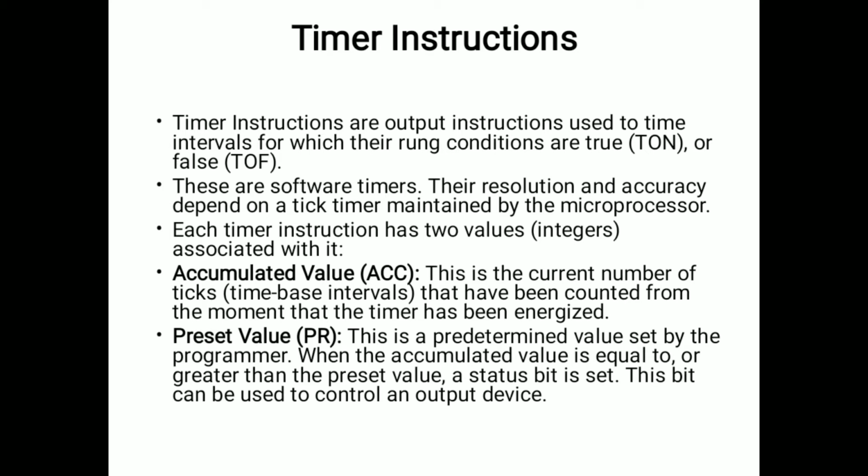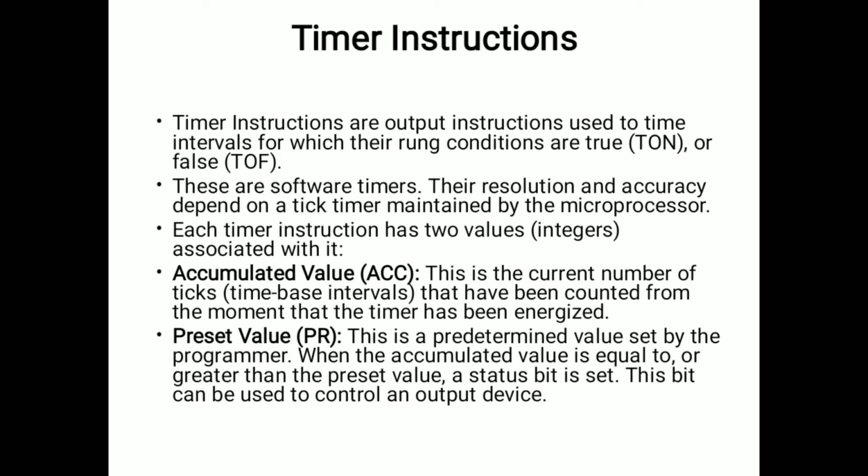If we start the timer from 0 and the current value starts increasing, 1, 2, 3 timer ticks will be there. Suppose the accumulated value is 10, ACC is equal to 10. So the current value is stored in the accumulator.